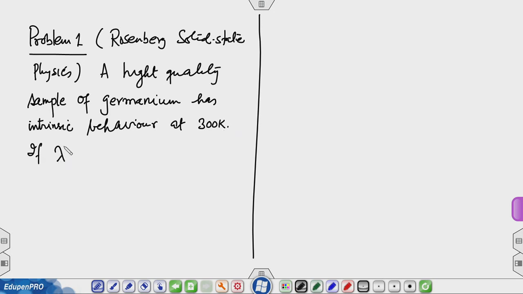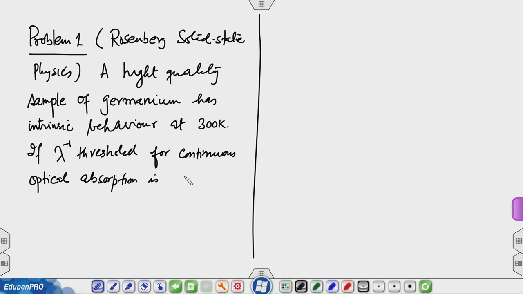If lambda inverse threshold, that means this is the lambda. If lambda is smaller than this, then only some transition takes place for continuous optical absorption, and it is 5.5 times 10 raised to 5 meter inverse.